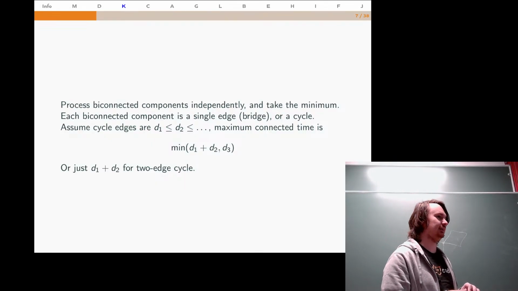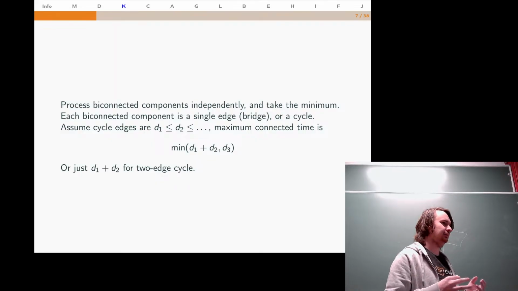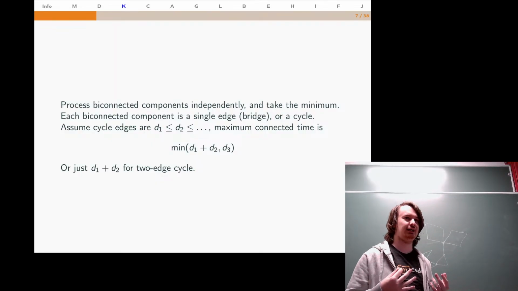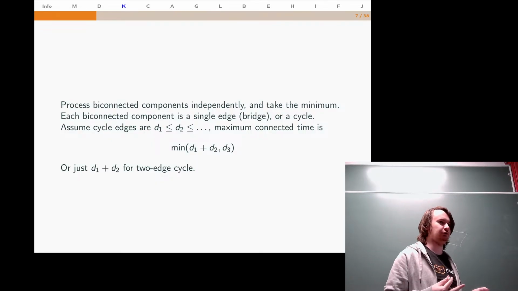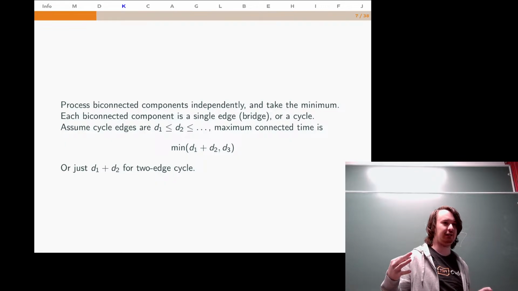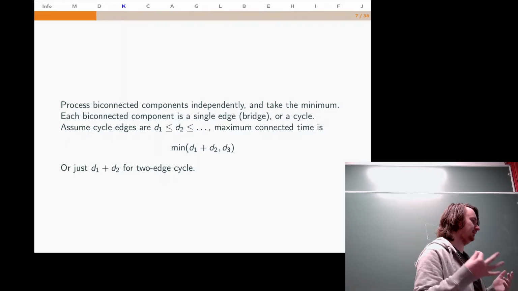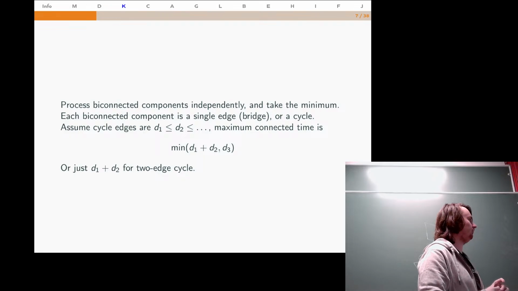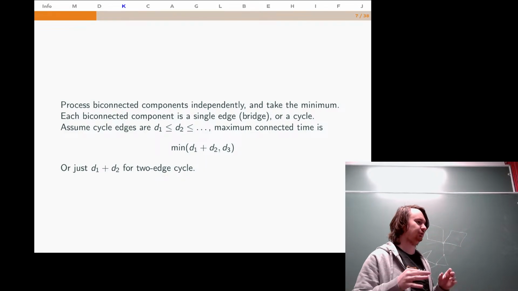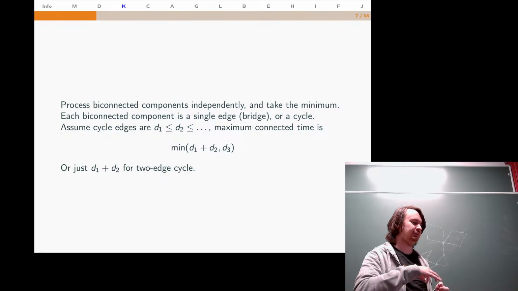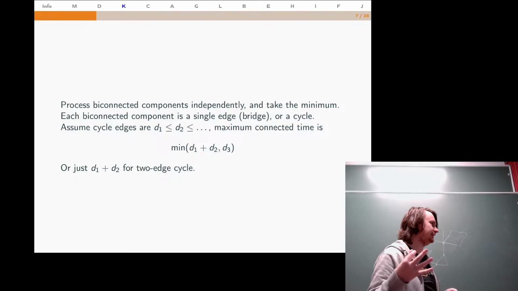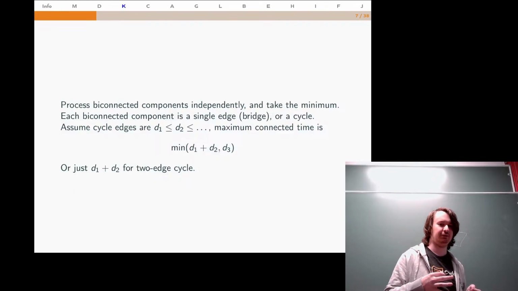Then we have a bit of casework here. To keep a bridge alive, we just have to include it from the start and keep it for its lifetime. To keep a cycle of length 2 alive, we must use first one edge, and then when it runs out we switch to the other edge, so we can maintain it for time d1 plus d2.